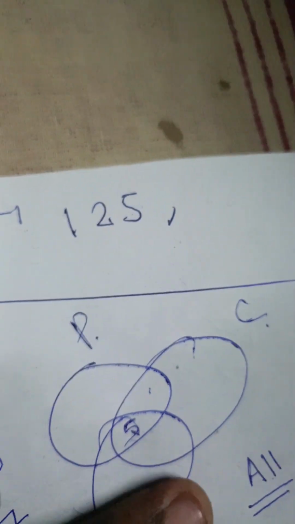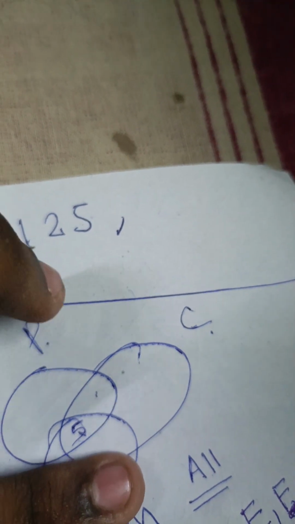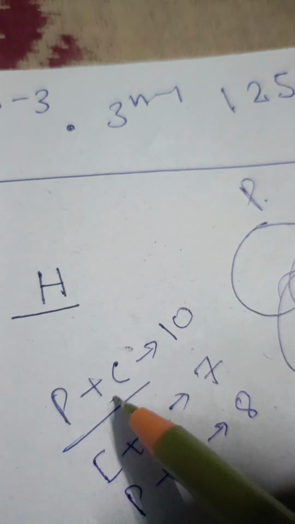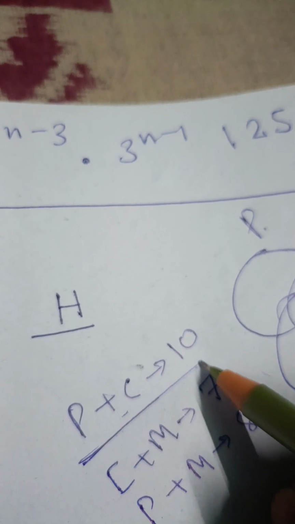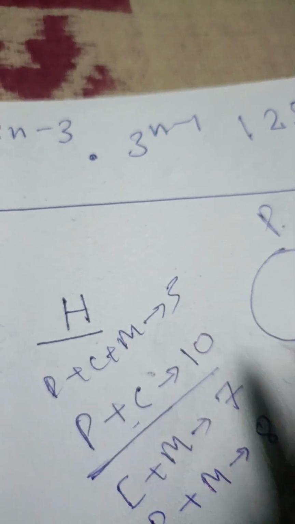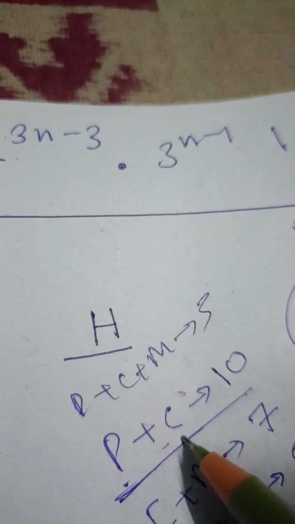If you see closely, this 5 is included in the P and C intersection. That is 5. So how many students are studying physics, and for PCM there are 5 students. Okay, so how many students are studying physics and chemistry? There is 10.